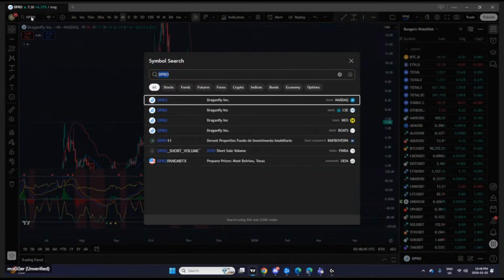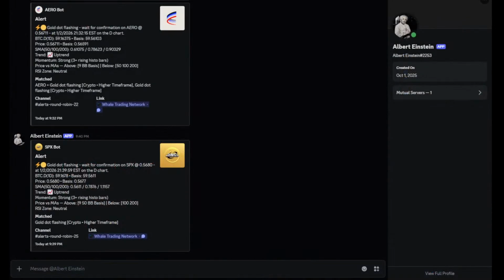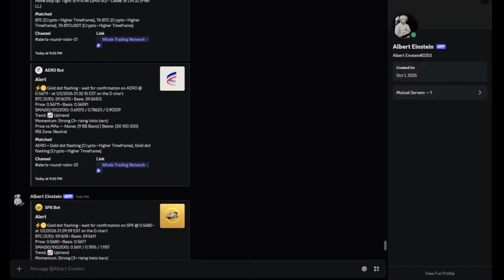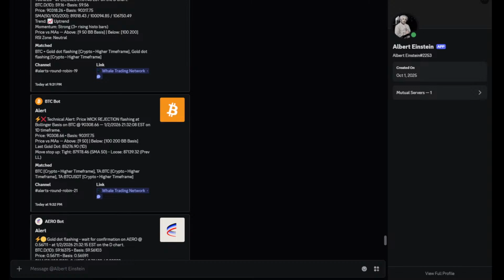I'll show you the Albert alerts over here, so you can see, once you become a subscriber and you get to the alert level, you have access to Albert, and he will send you these technical alerts. We can see here we got a gold dot flashing on the 1 day SPX chart. Arrow was flashing on the daily. Bitcoin had a wick rejection here off of the Bollinger basis line.